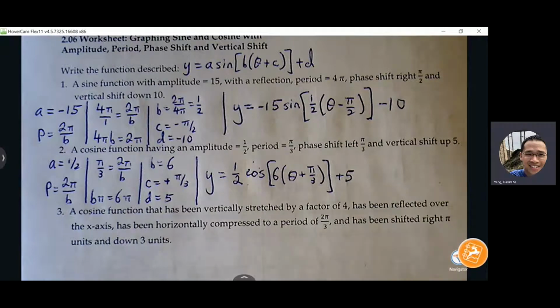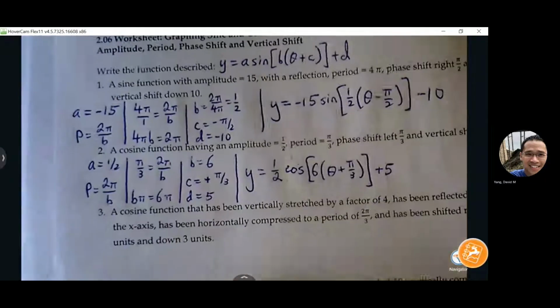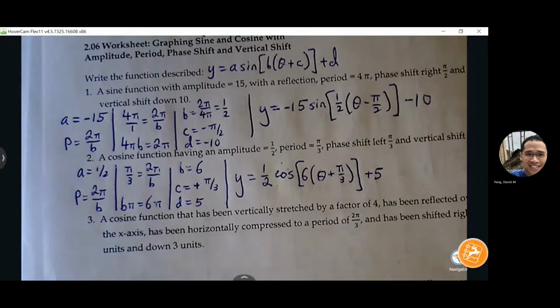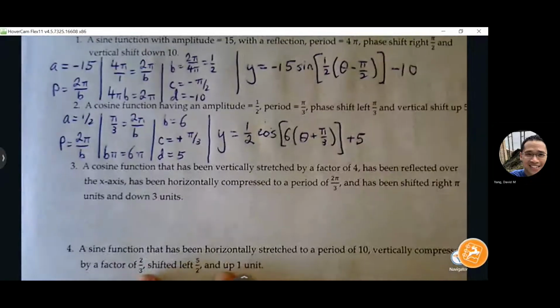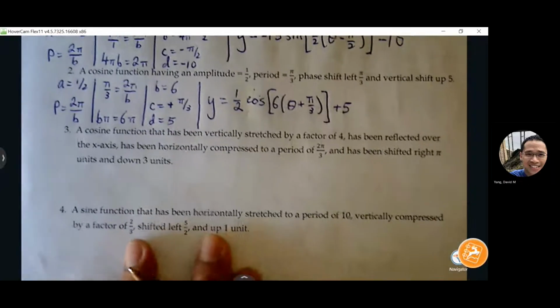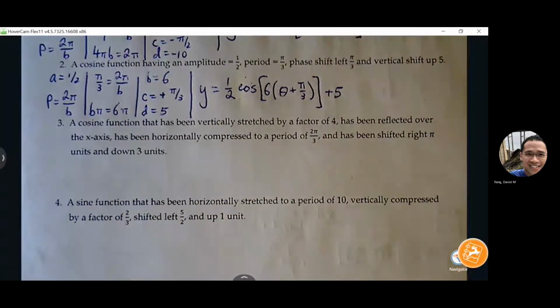All right, any questions with number 2? All right, number 3, let's read this together here.